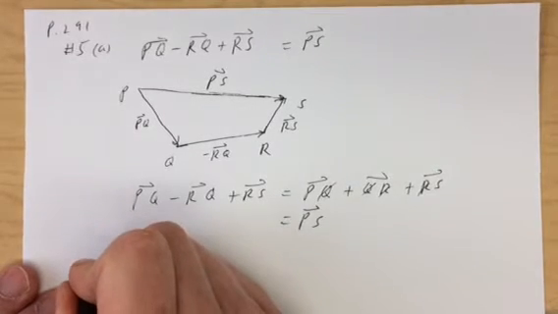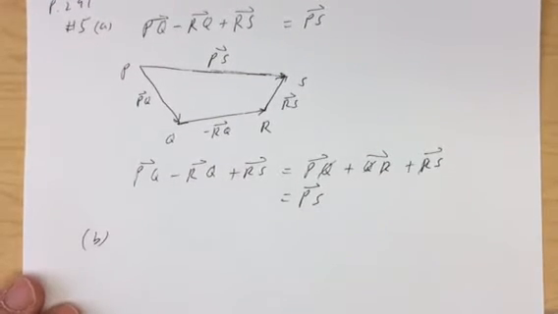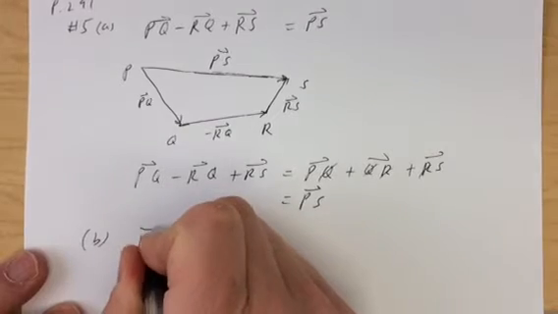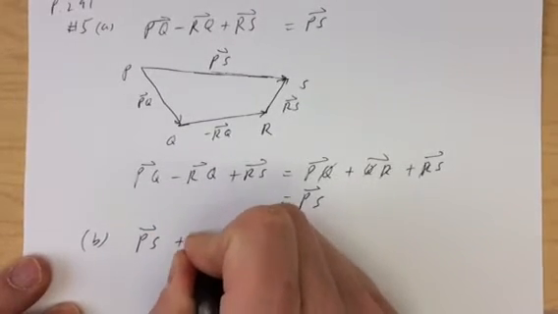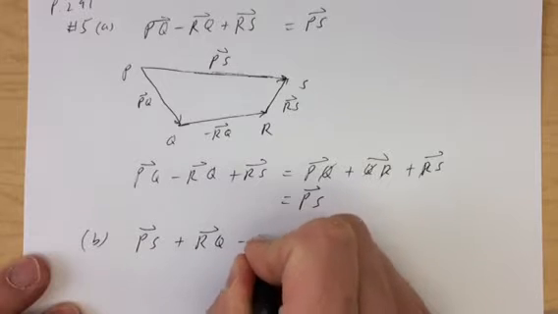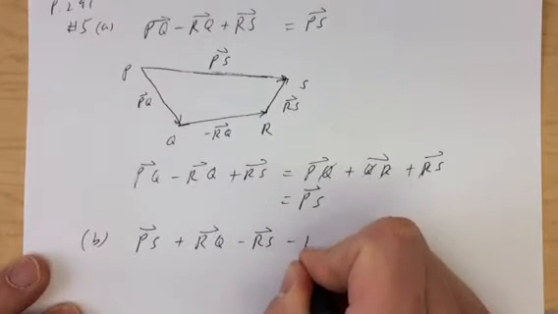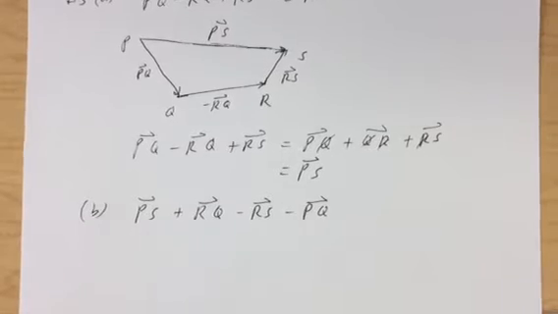Okay, 5B. 5B is PS plus RQ minus RS minus PQ. Okay, so I can put out those same dots in the same spot.